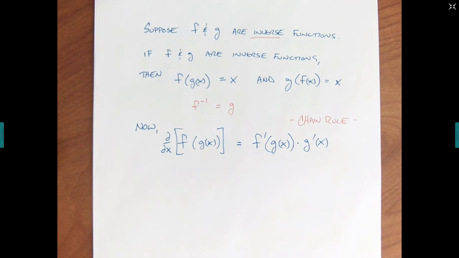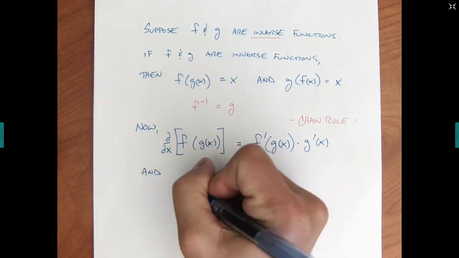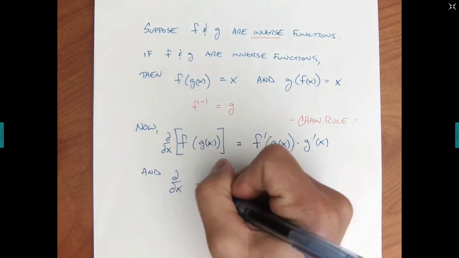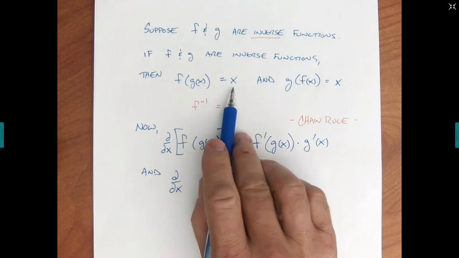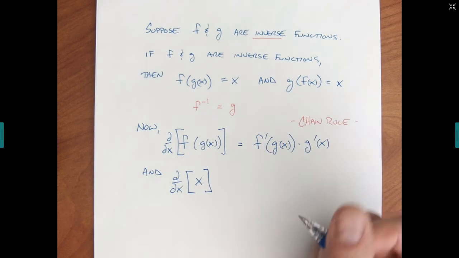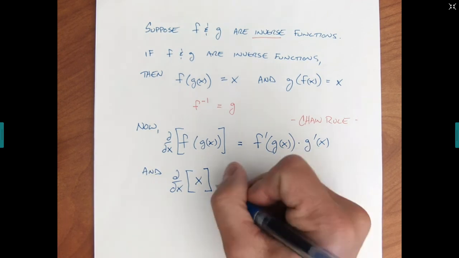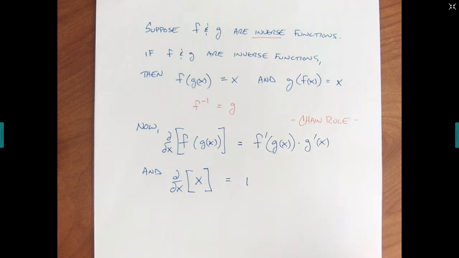So by the chain rule, we know this is true. I'll make another note, and so what I'm going to do is take the x right here. I'm going to take the derivative of x with respect to x. Here's our power rule. It's x to the 1 power. The 1 comes down, right? x to the 0, which is 1. So I got a 1 by the power rule.